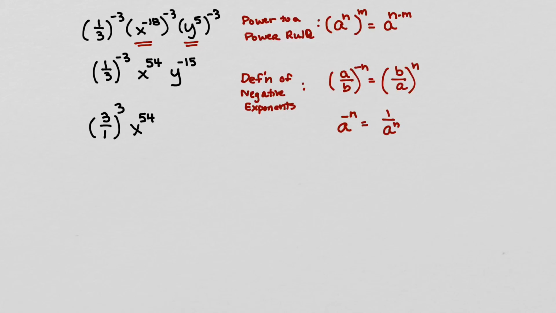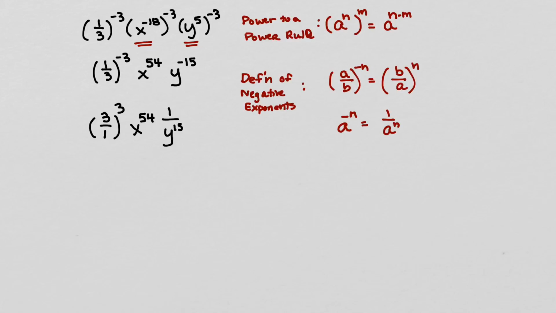So a to the -n is equal to 1 over a to the n. That means y to the -15 is equal to 1 over y to the 15th power. All right, we are almost done here. So let's put this all together.